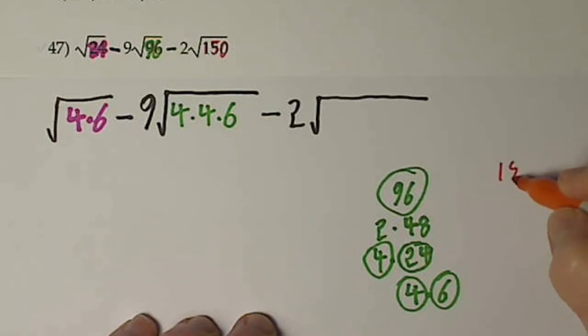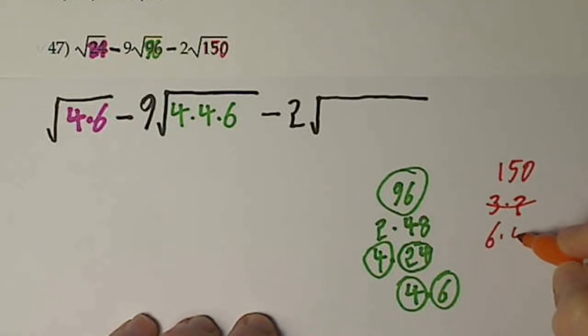150 can be written as 3 times 3 times, how about 6 times 50? That's 300. Oh, I was looking at the 25s.